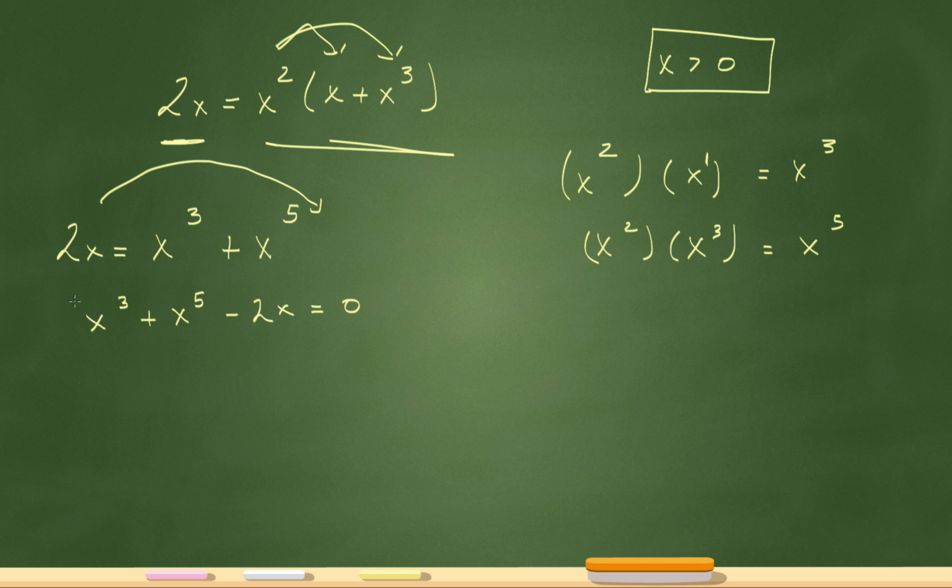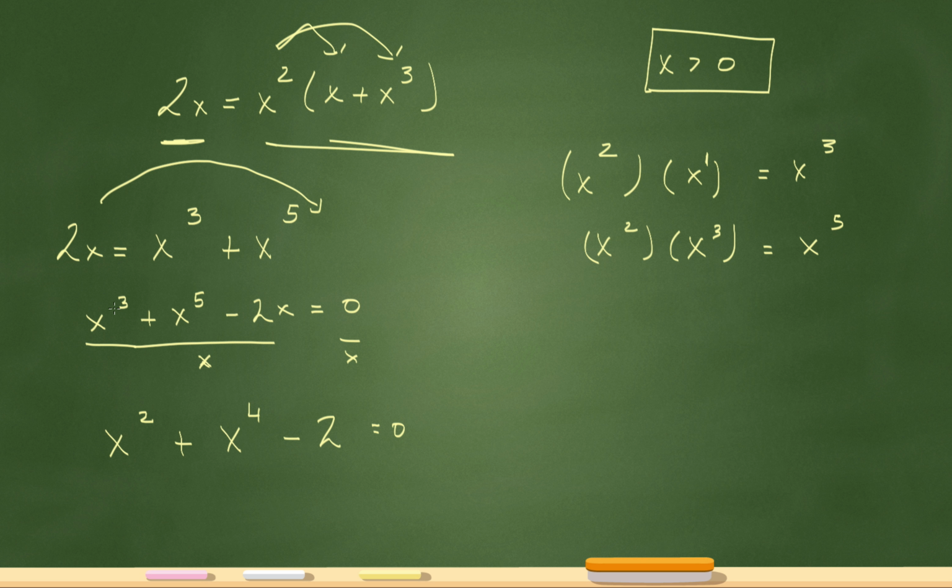Now, you want to divide everything by an x here, because see how there's an x here, here, and here? So I'm going to divide everything by x to try to simplify it a little bit. That leaves me with x cubed divided by x is x squared, x to the fifth divided by x is x to the fourth, and then 2x divided by x is just minus 2, and that equals 0.